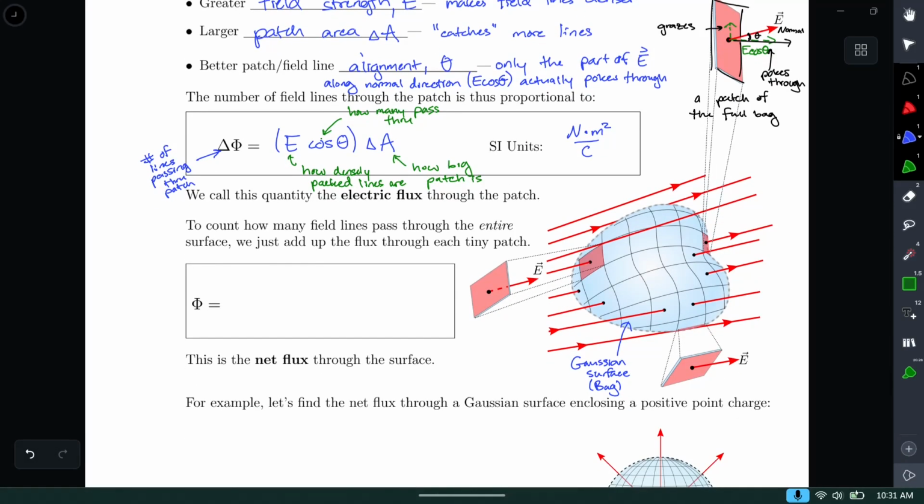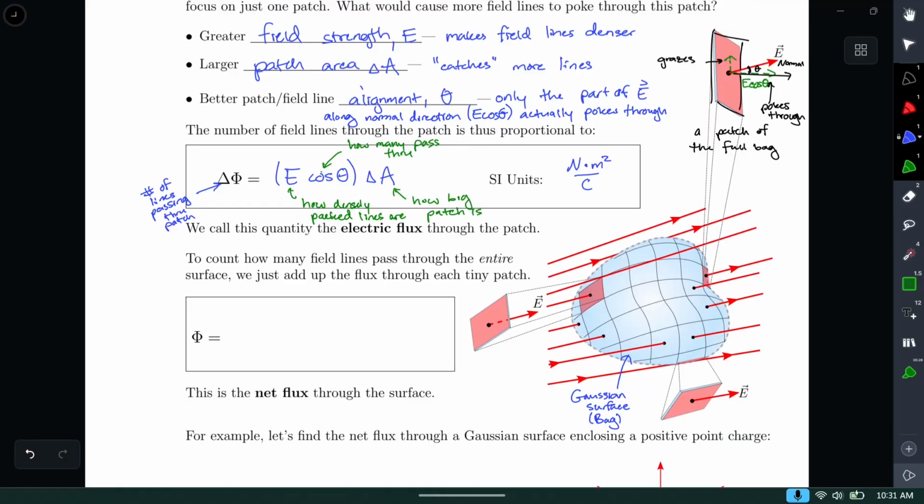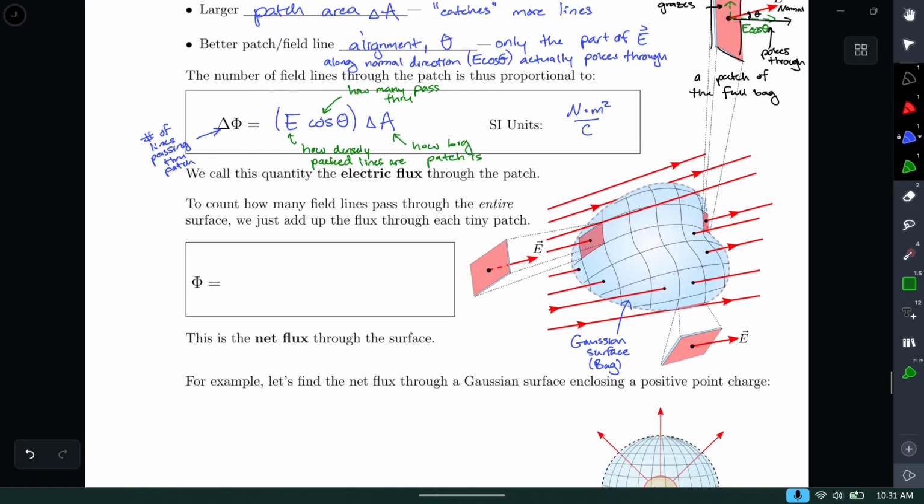And we call that count we've got of how many poke through the flux through the patch. So that's what this is right here. It's a capital phi, Greek letter phi, for flux. So that's done for the patch. We know how to count how many field lines pass through a single one. So now let's come back to the original question. How many pass through an entire surface? Well, if we know how many pass through just one patch, how would we figure that out?